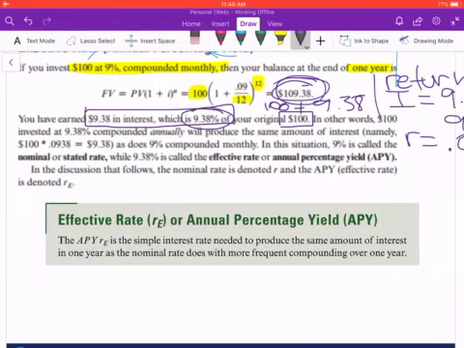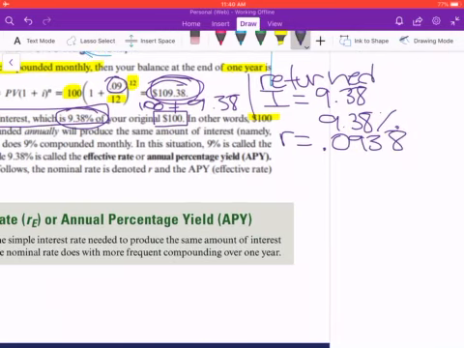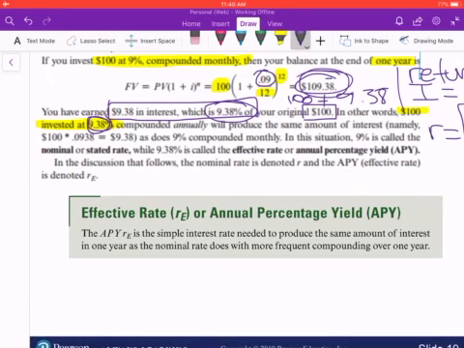So what we could say is that for $100 to be invested at this rate, 9.38. Now we're not using 9% anymore. We're saying 9.38 because that is what we obtained from here. The 9.38, we get it from the extra $9.38 that we have here.